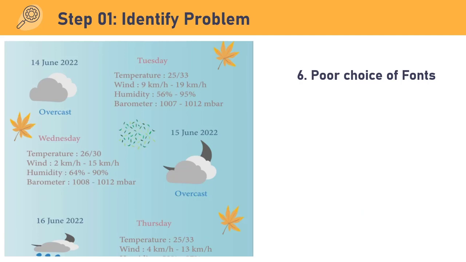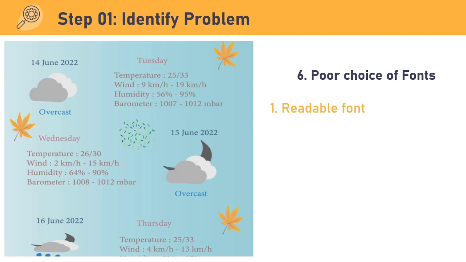Okay, number 6. The problem is poor choice of font. Choosing the right font for the infographic is crucial as it directly affects the readability, visual appeal, and overall effectiveness of your infographic. Things you need to consider when choosing a font: the first one is a readable font.